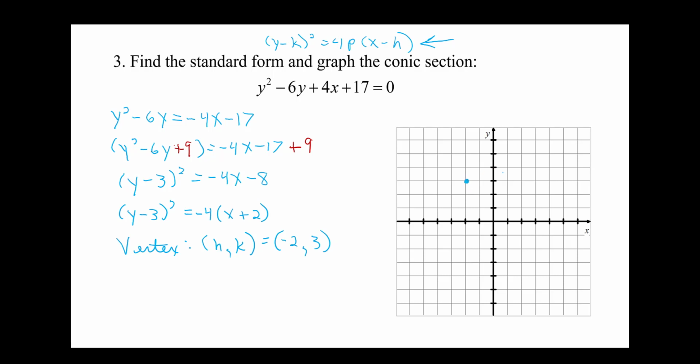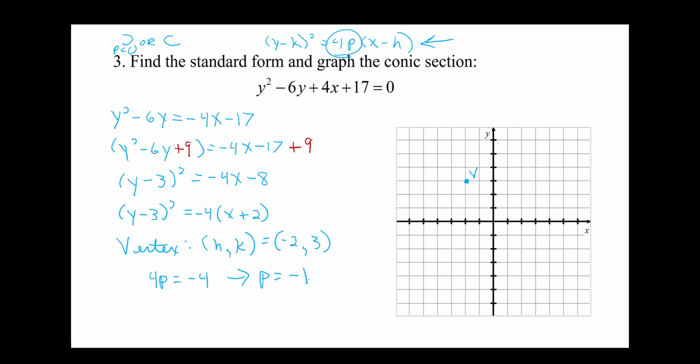And let's see what p is here. So we can see that 4p is going to equal negative 4. That tells me that p equals negative 1. Okay, so with y appearing first in our formula here, we're going to open either left or right. If p is less than 0, we're going to open to the left. So p equals negative 1 tells me from the vertex here, I'm going to open to the left.